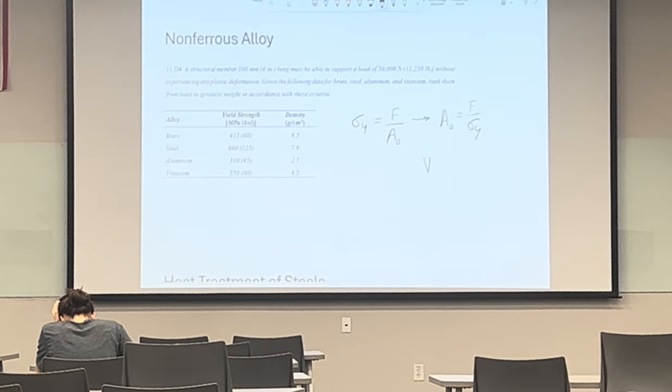It would be described in this way. So it'd be the length multiplied by the cross-sectional area. And then if you write that out, it will look like this. So it's all equal to each other.